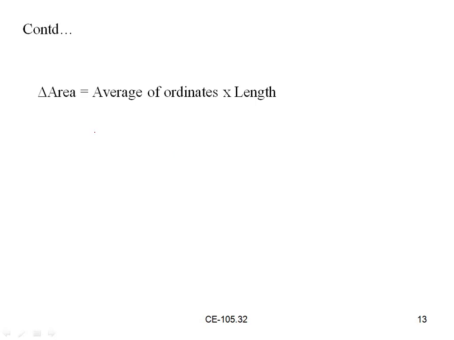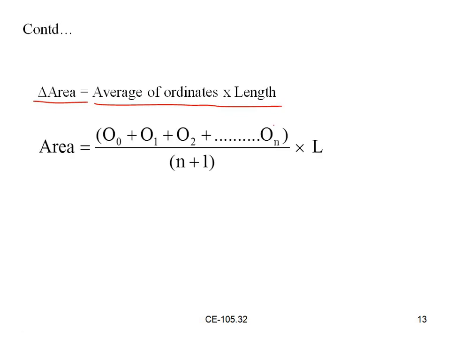Now let us see here. Therefore, the area is equal to the average of the ordinates into the length. So to find the formula, area is equal to (O0 plus O1 plus O2 plus ... plus On) divided by n plus 1, that is the number of ordinates, into L. So what is L here?